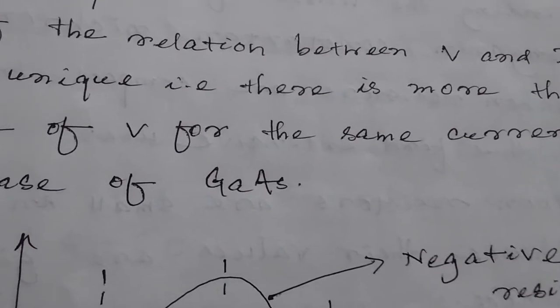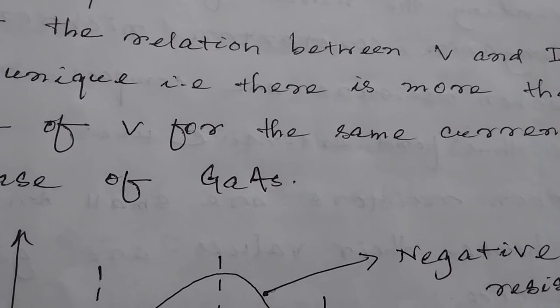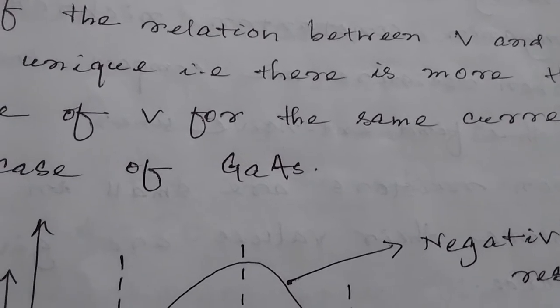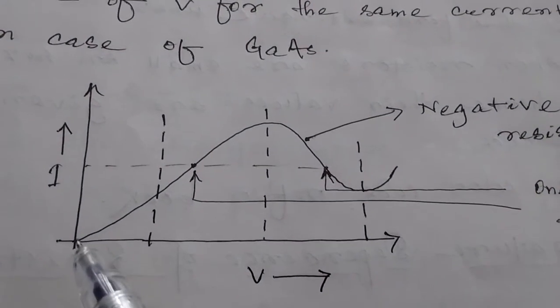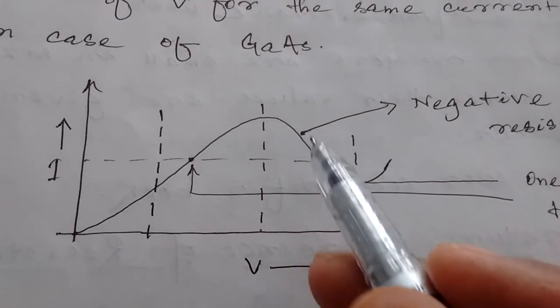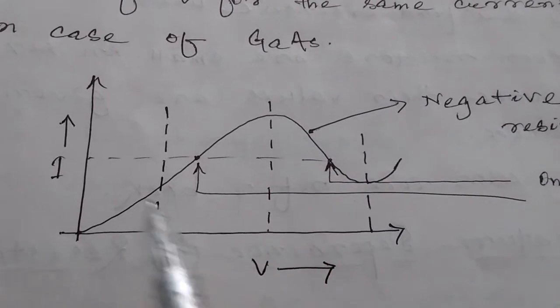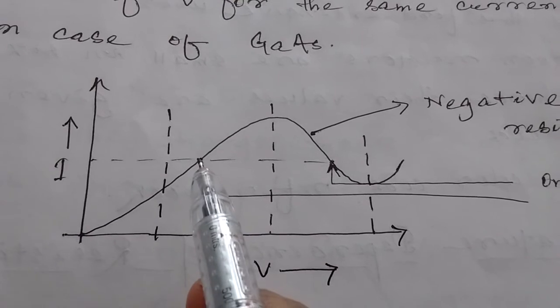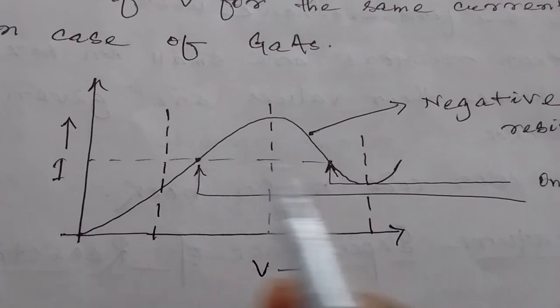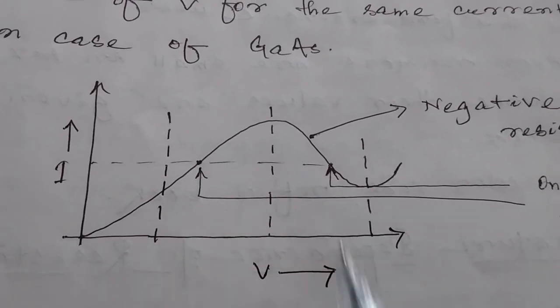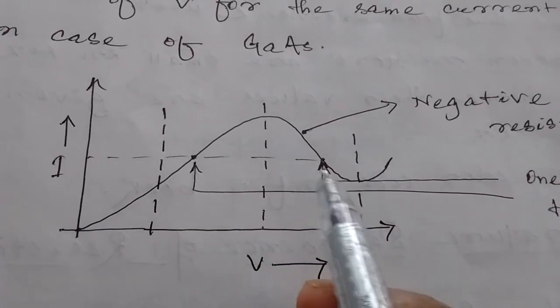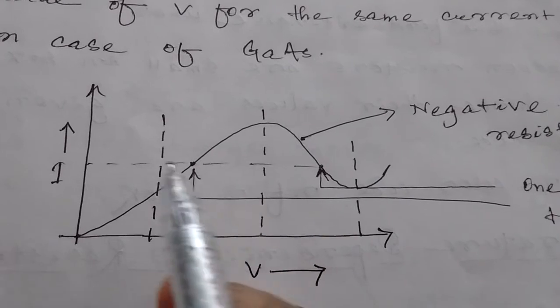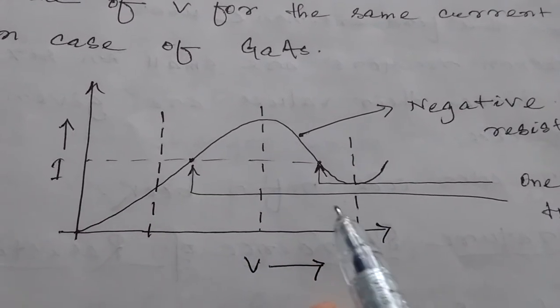It is a mixture of gallium and arsenic, a semiconductor from which a diode is made, whose characteristic is like this. You can see the curve goes from here to here and again like this. Current has the same value here but at different voltages. That means the relationship is not unique here.